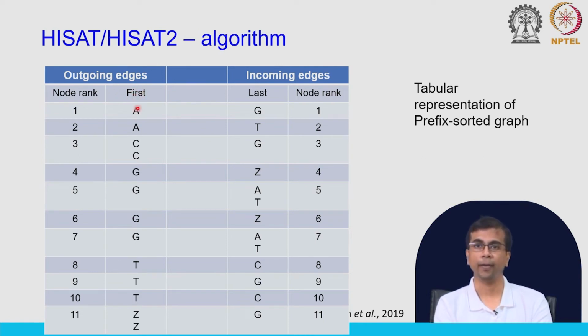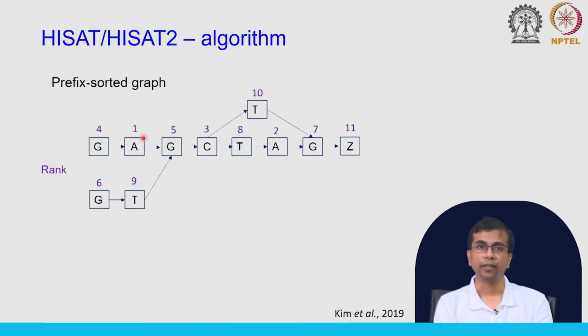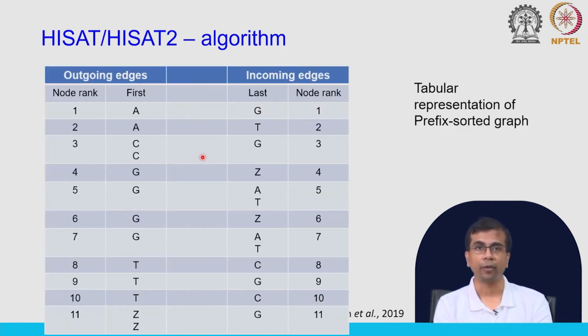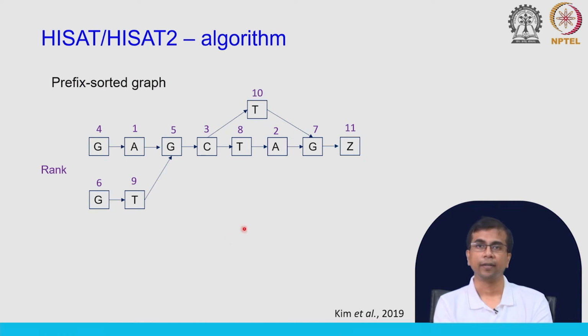So, the first rank is A, and the second one is also A. Then the third one is C, but since it has 2 outgoing edges we have to write it twice, so we write C and C. We just have one C in the graph, but because there are 2 outgoing edges we write CC. Then you have 4, 5, 6, 7, these are all G's and T's, and then finally 11, which is the Z here.